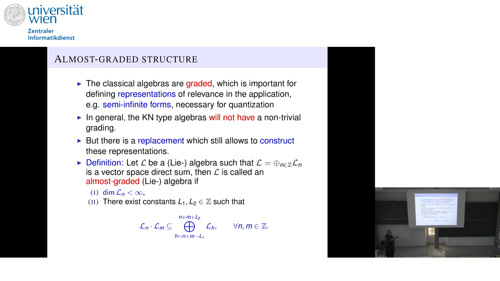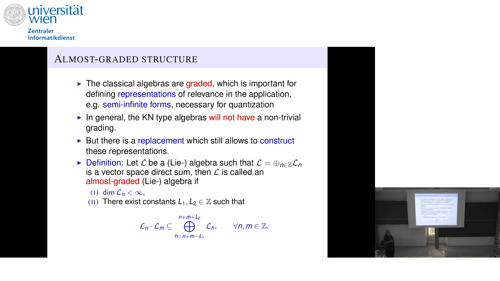So the n plus m would be the ideal stuff, but we go a little bit down, and maybe a little bit up. So good. There is something which in this application is even always the case. This dimension is even bounded independent of n in the situation which we consider, but it's not really necessary for the definition.